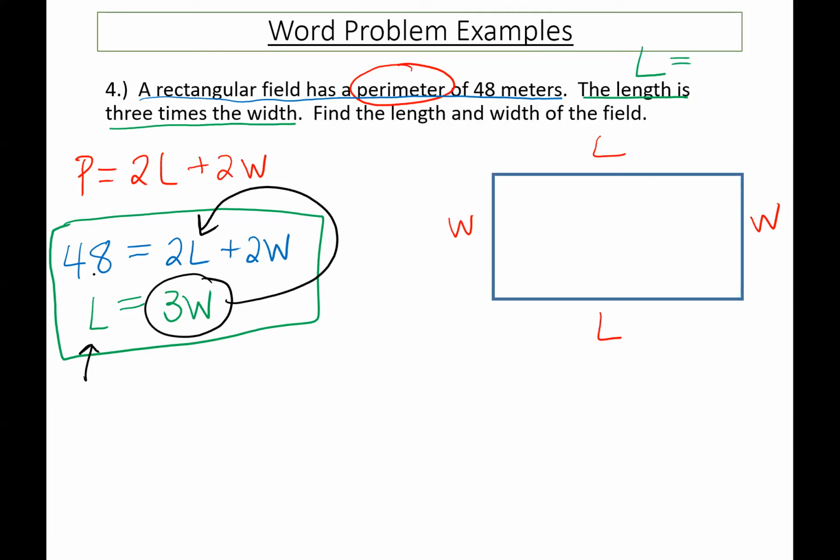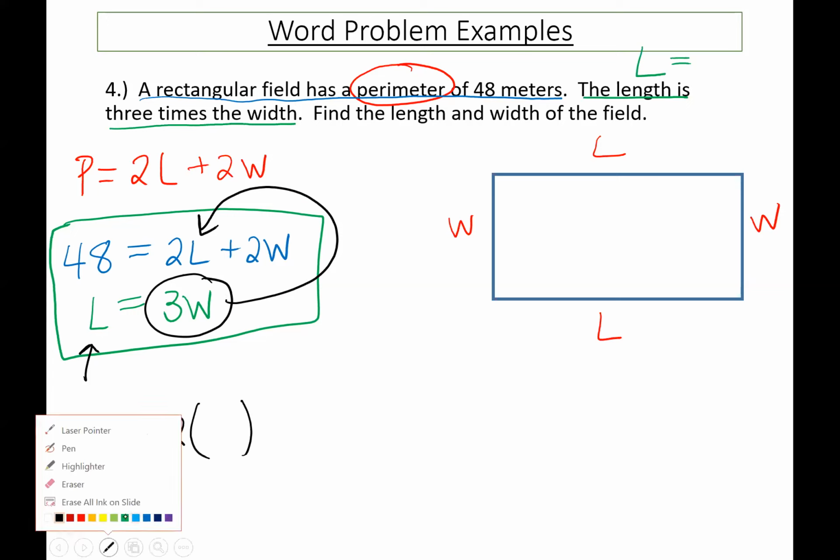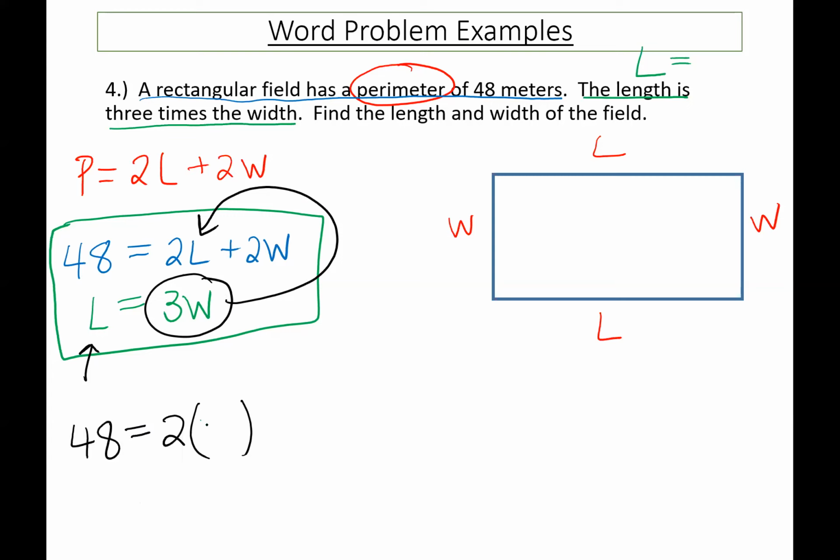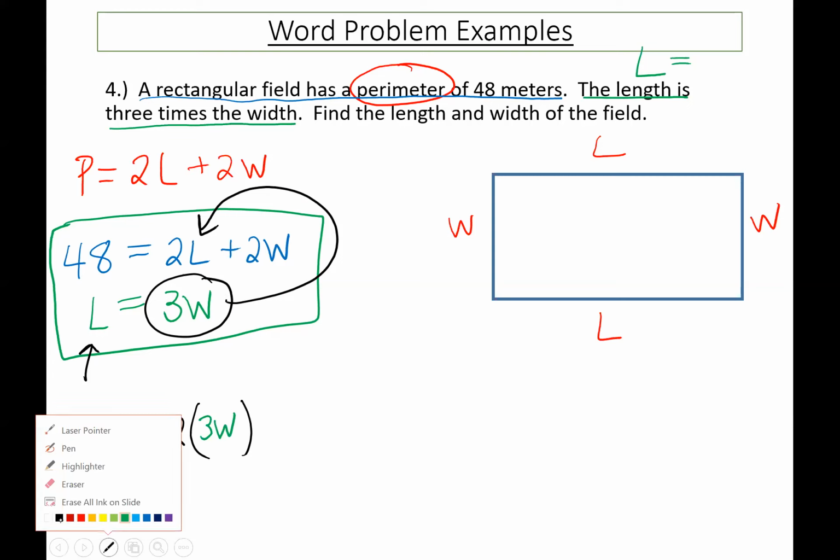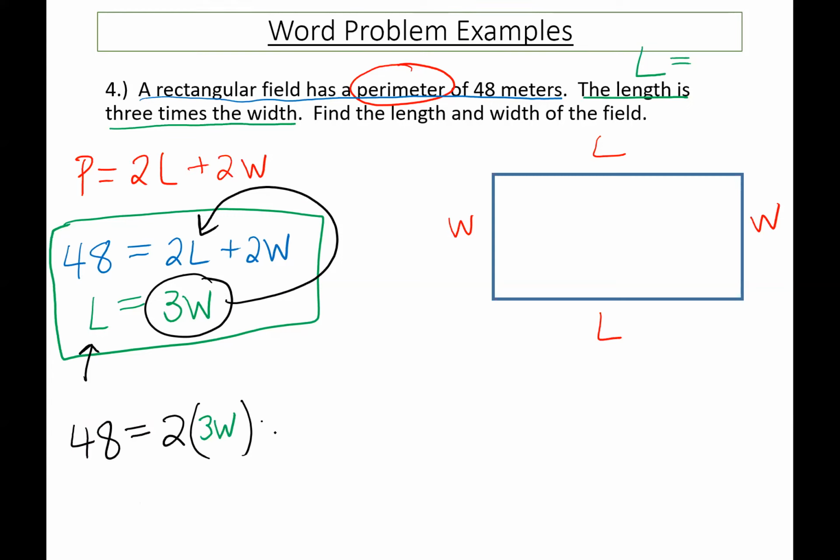So here's what it looks like. Instead of 48 equals 2L plus 2W, it's going to be 48 equals 2 parentheses, and in the parentheses, let's write 3W. And then finish copying down, plus 2W. Okay, now let's simplify. 2 times 3W is 6W.